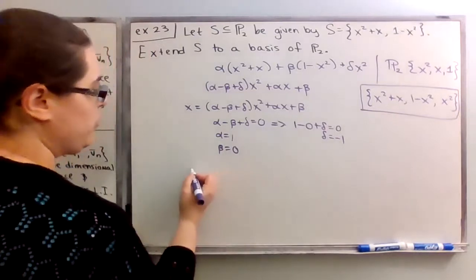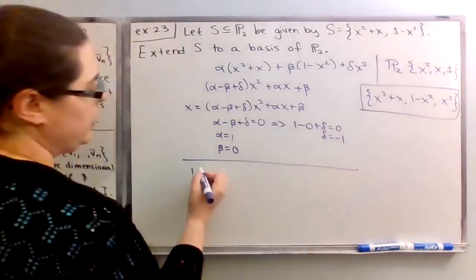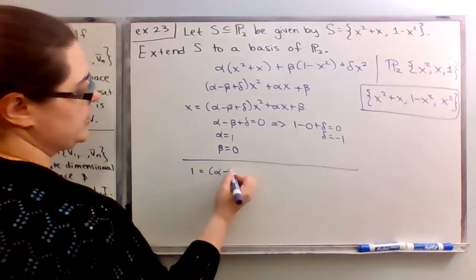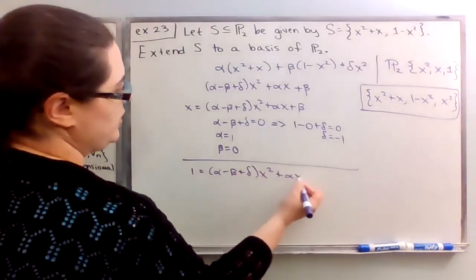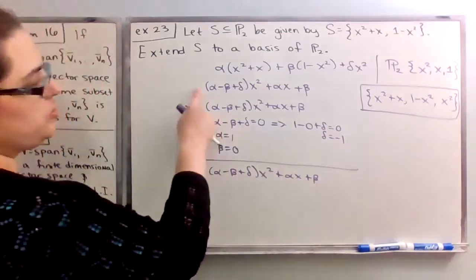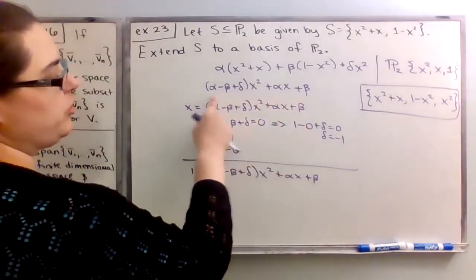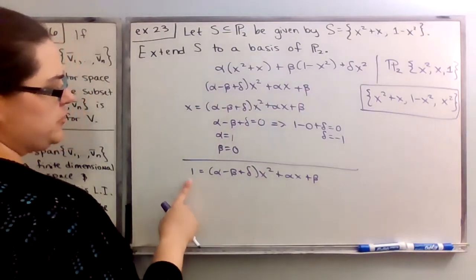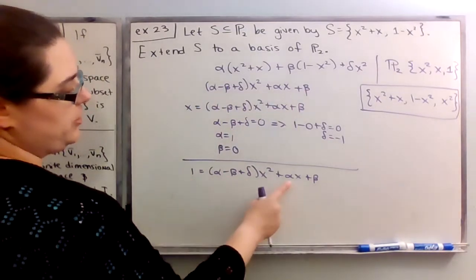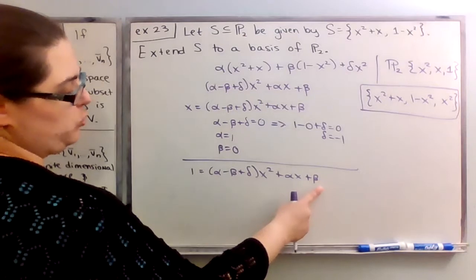Similarly, we can do the same thing with 1. So let's check 1. That's going to equal alpha minus beta plus delta x squared plus alpha x plus beta, because that's sort of our properly formatted linear combination now. So here's my constant term, which means this has to be 0 and this has to be 0, and that one's got to be 1.